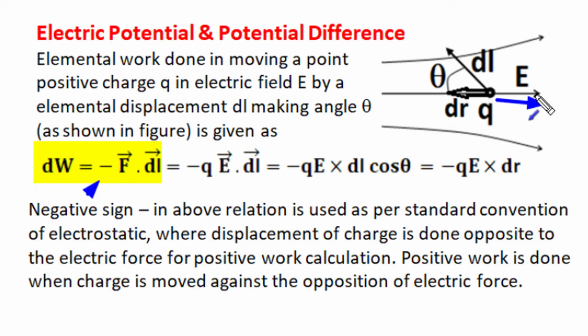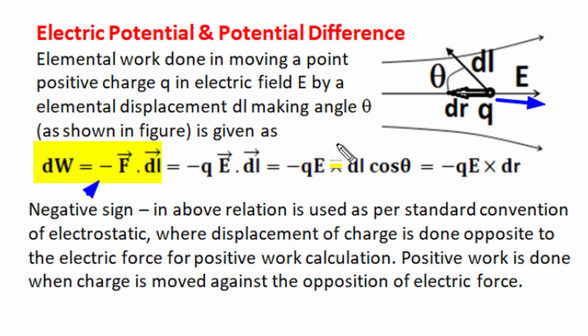So with the opposite direction of force, if displacement makes an angle theta, and the force on Q charge in an electric field of intensity E is QE, then the dot product of force QE and displacement with this negative sign is QE dl cos theta, where theta is not the angle between force and displacement but the angle between the opposite direction of force and displacement.